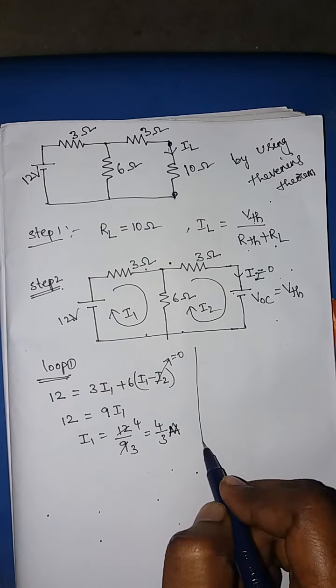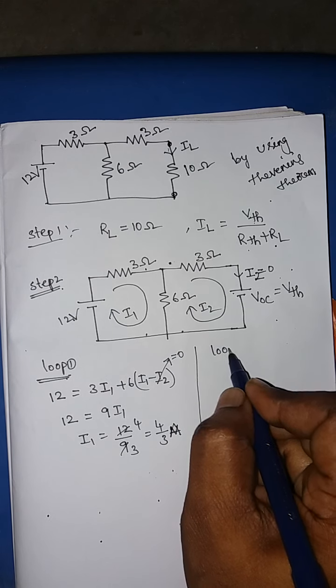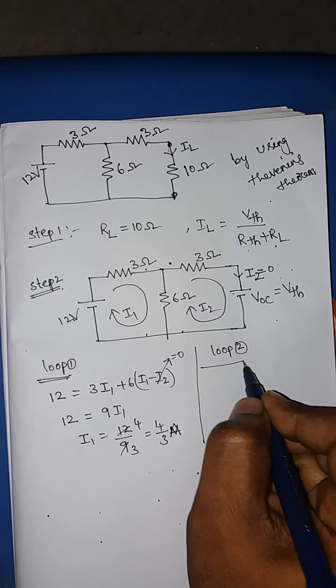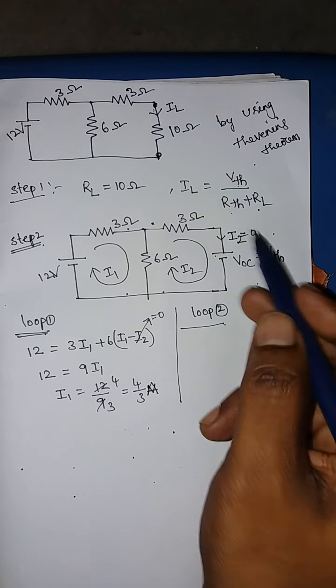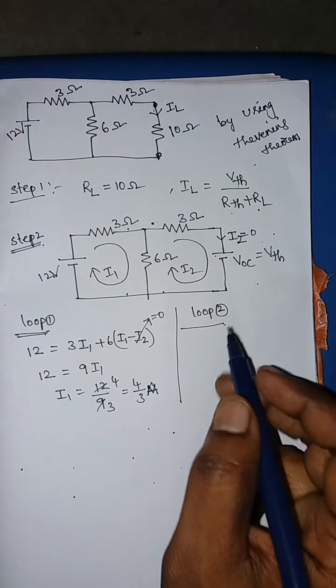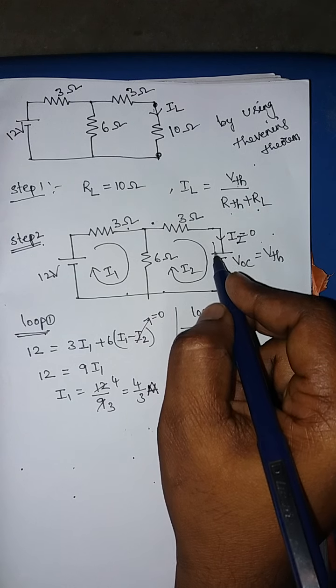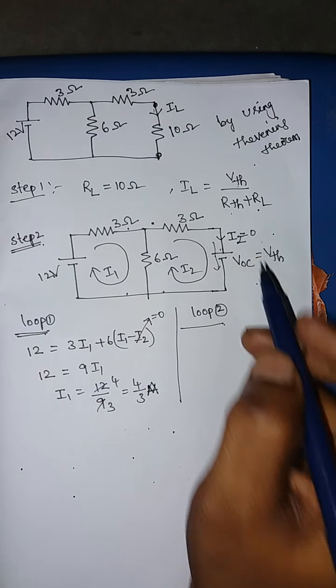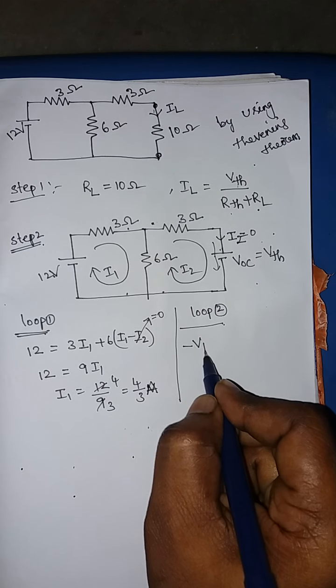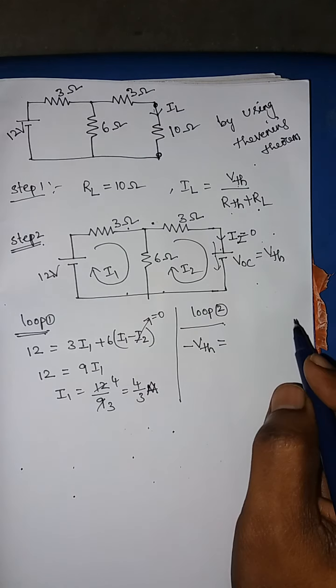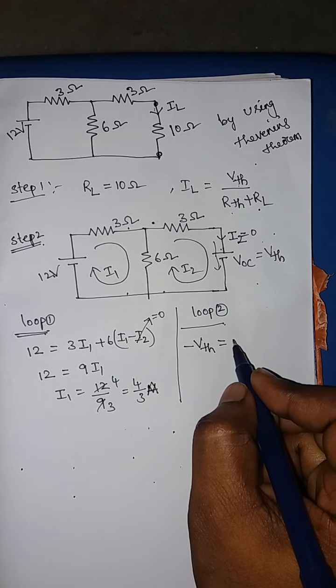So now you apply KVL for loop 2. Yes, excitation is equal to drop here. Here also excitation is the current, as the current flows from positive to negative. Therefore here you need to take minus VTH is equal to drop.